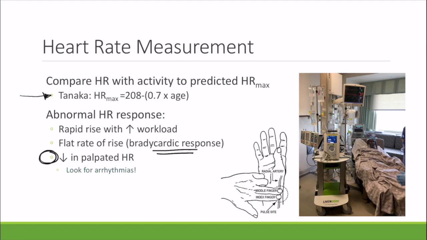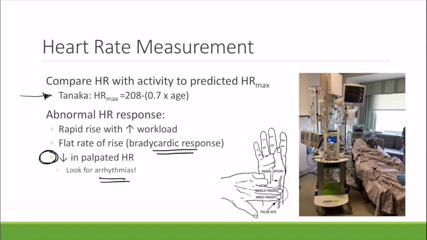If you see a decrease in your palpated heart rate response to activity, it is almost always not truly a reduction in beats. It's a reduction in palpable beats, and that's a big difference. So if you're feeling a radial pulse and in response to activity your heart rate goes down, that is almost always a sign that they're experiencing an arrhythmia.